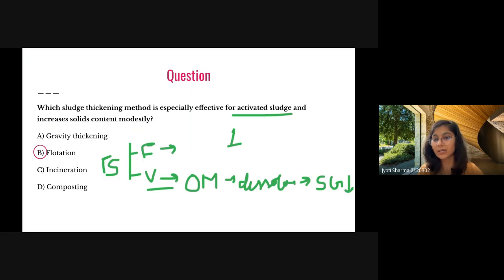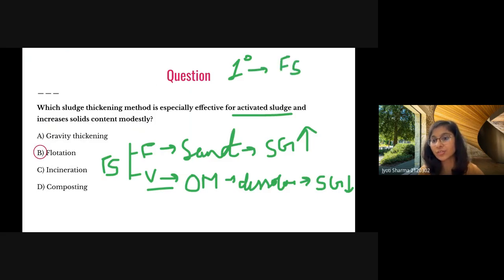For fixed solids, we had less organic matter, but we had sand-type things, and that had more specific gravity. So after primary treatment, we will have more fixed solids in the sludge. After secondary treatment, we will have more volatile solids in the sludge.